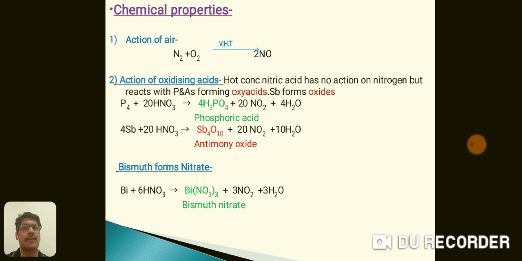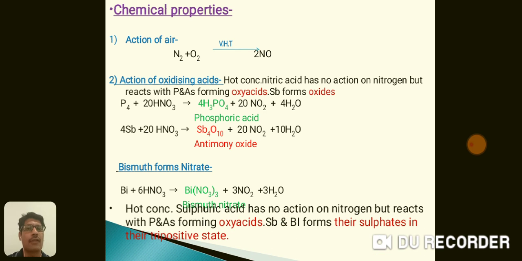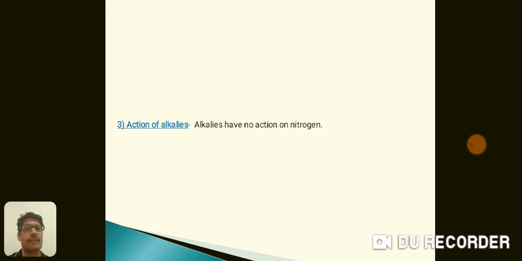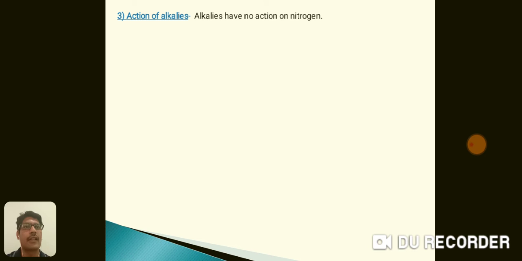Hot concentrated sulfuric acid has no action on nitrogen but reacts with phosphorus and arsenic forming oxyacids. Antimony and bismuth form their sulfates in their tripositive states. Alkali have no action on nitrogen.